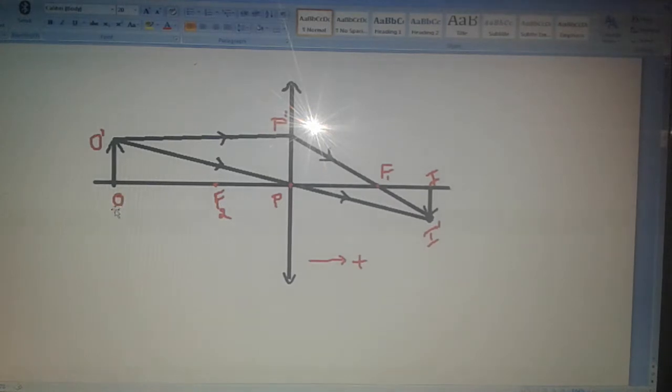Similarly, if we observe, point O on the principal axis is formed at the point capital I on the principal axis. So here we will get the inverted image, that is I prime, of the object O prime.